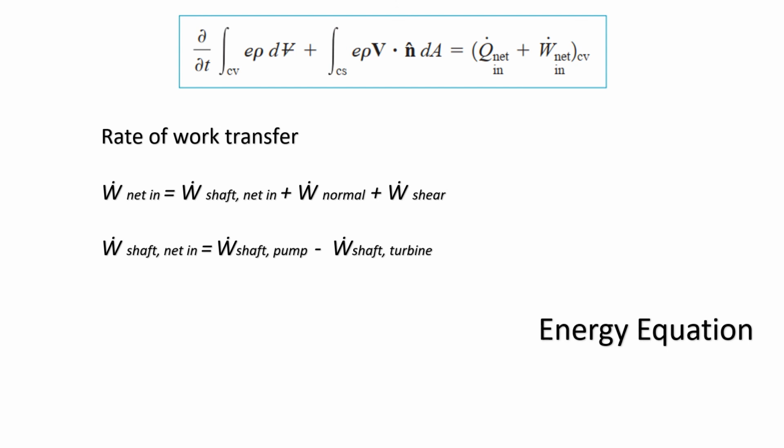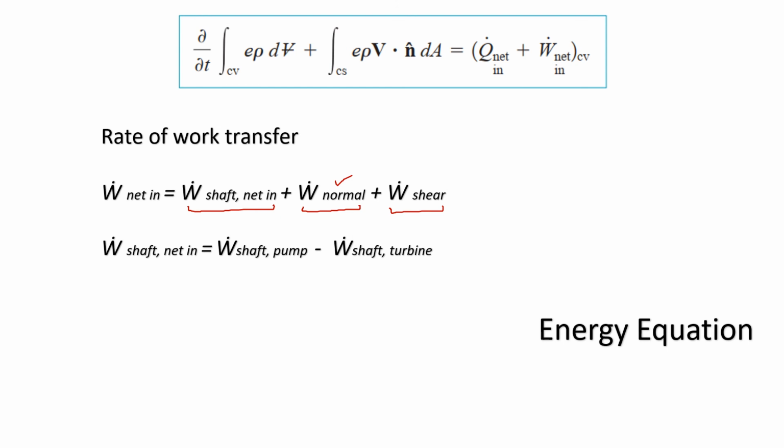Work transfer can be with the help of a shaft, that if work is done on the shaft, or work is done by the shaft on the fluid, then the normal work done is actually against the forces that are there at the inputs and the outputs. To overcome these forces, work has to be done, and also work has to be done to overcome the viscous forces, the viscosity of the fluid.